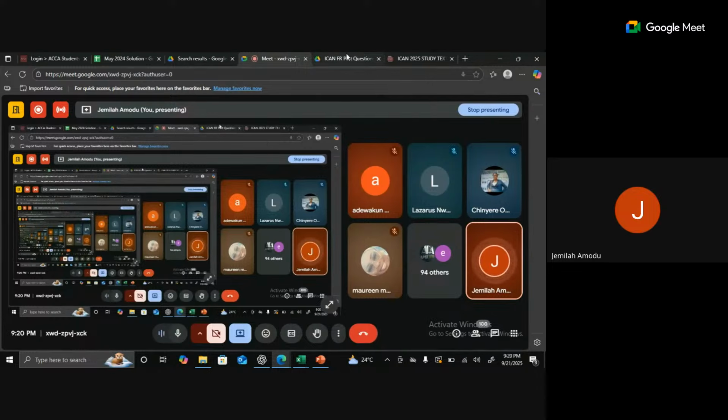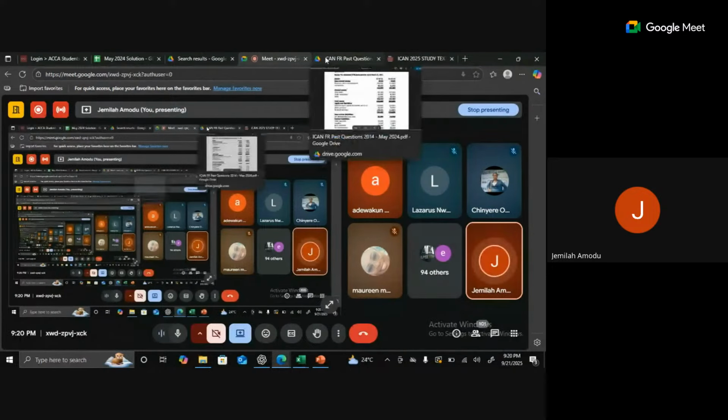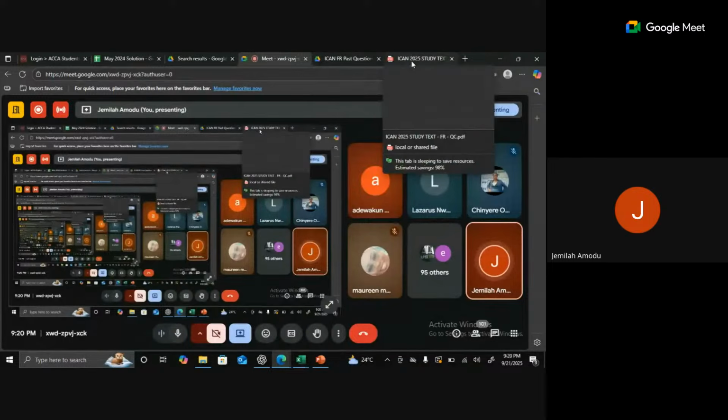So let's move forward. This week we are diving into a new topic, which is basically financial statements analysis. The method is still the same, right?